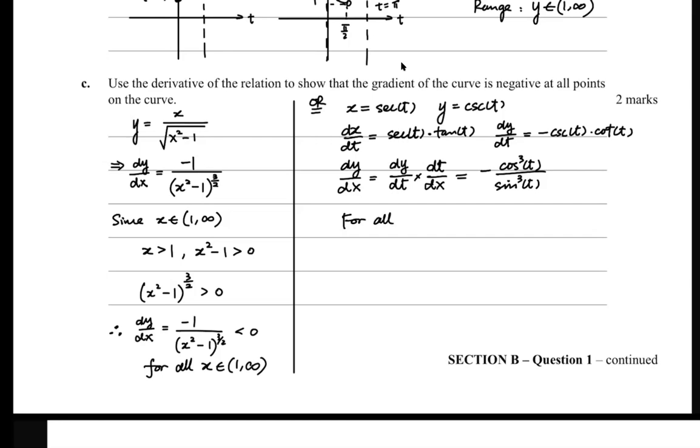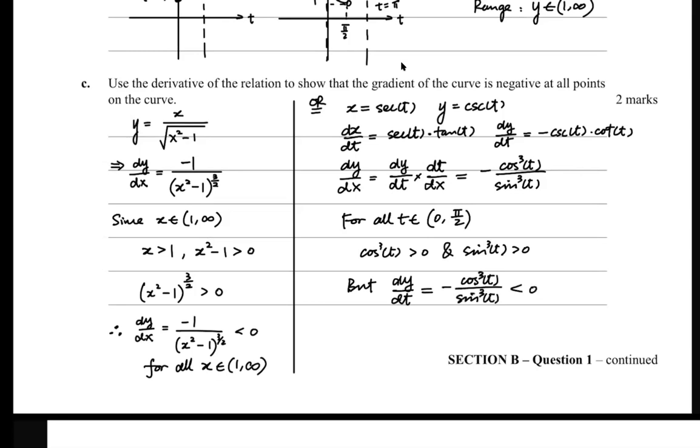For all t values goes from 0 to half pi, cosine cubed t is greater than 0 and sine cubed t is greater than 0. But dy dx is negative, that guy less than 0. Therefore, the gradient is always negative for all points on the curve.